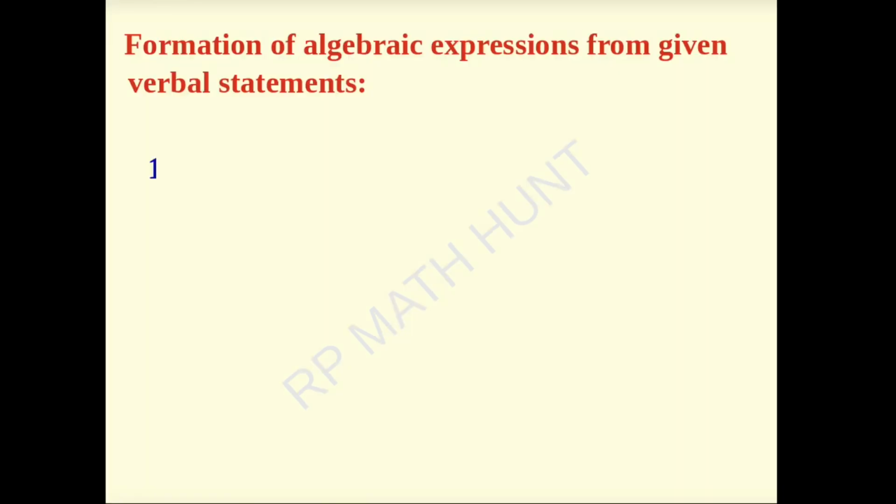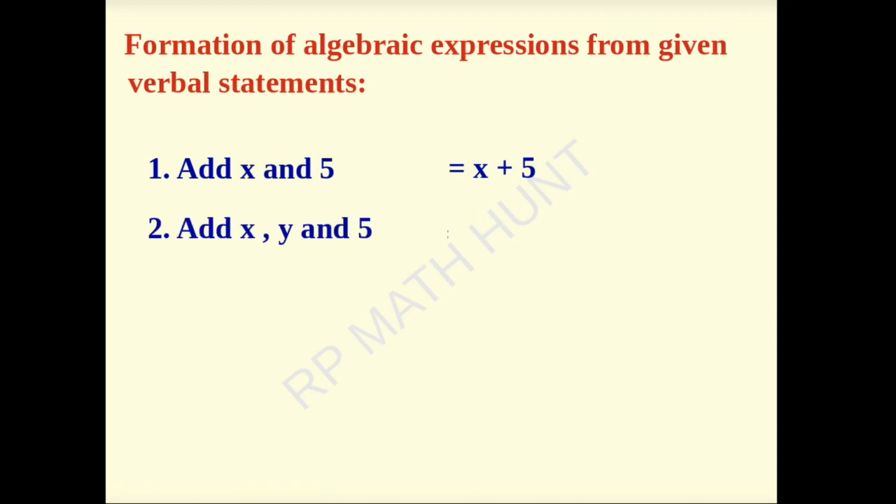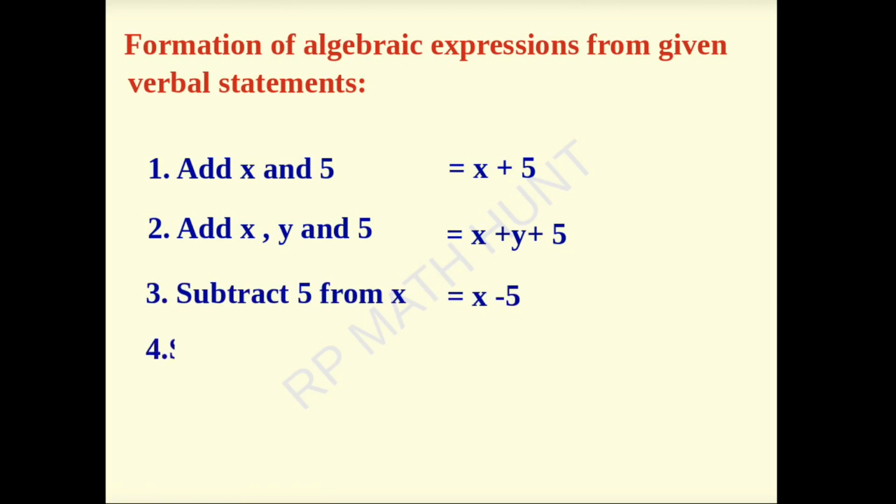Now, formation of algebraic expressions from the given verbal statements. 1. Add x and 5, that is x plus 5. 2. Add x, y and 5, that is x plus y plus 5. 3. Subtract 5 from x: x minus 5, and subtract x from 5: 5 minus x.